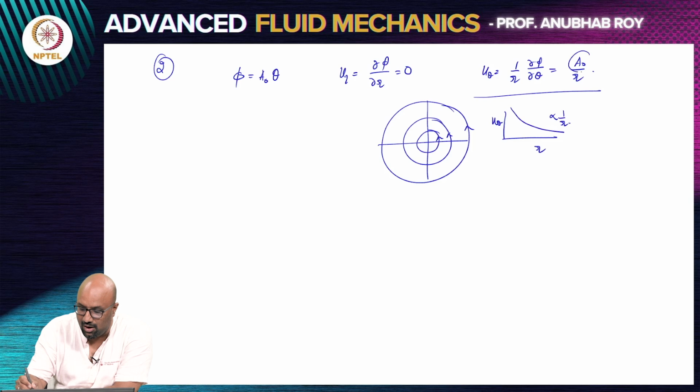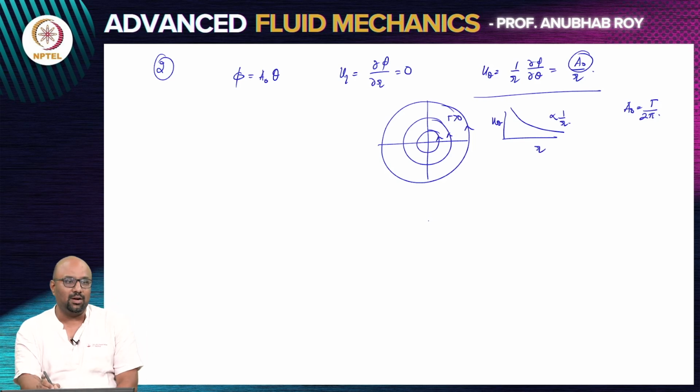And the constant, which we realized is more appropriately written as gamma by 2 pi, where gamma is the circulation, if that constant was positive, then the spin was anticlockwise. If the constant was negative, then the spin would have been clockwise.